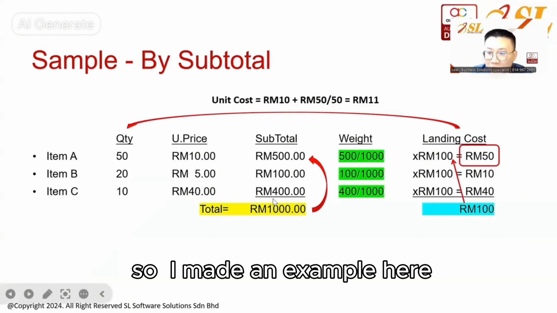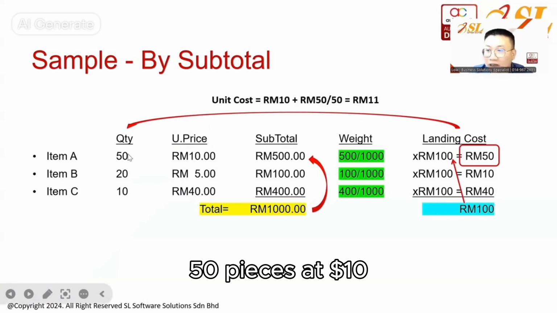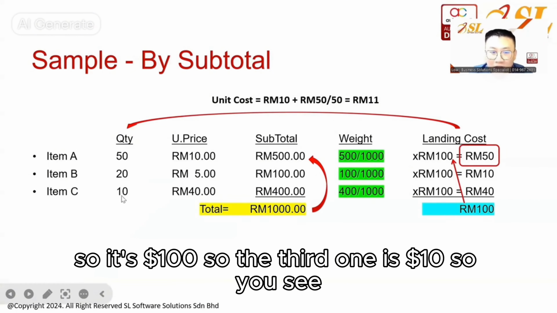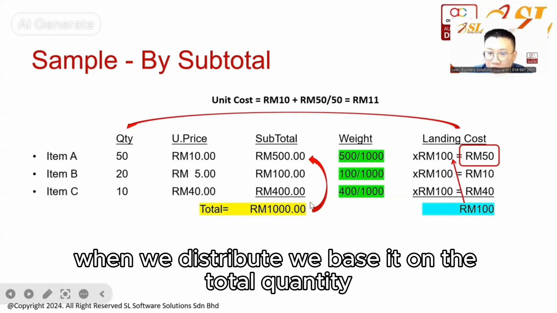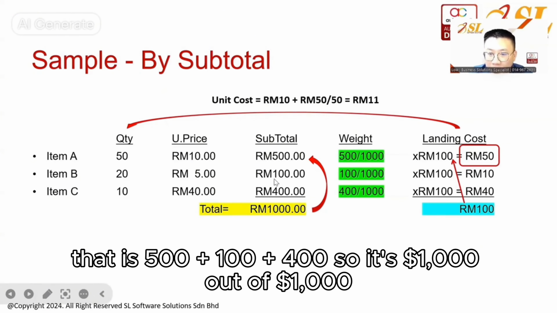So I made an example here. For instance, 3 items, A, B and C. The first item is 50 pieces at $10, so its subtotal is $500. The second item is 20 pieces, $5 each, so it's $100. The third one is $400. So when we distribute, we base it on the total subtotal, which is $1,000, that is 500 plus 100 plus 400.